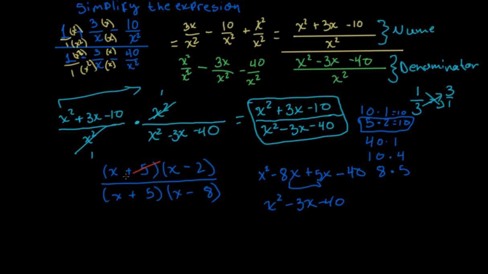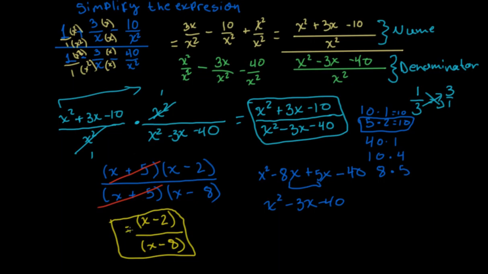We can cancel x plus 5 and x plus 5, and what we have left is x minus 2 divided by x minus 8. So this is our answer. This is fully simplified.